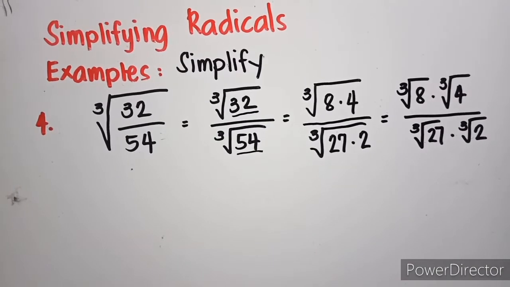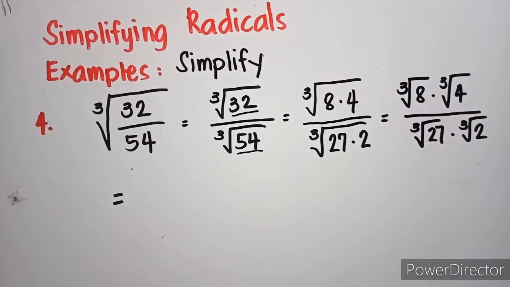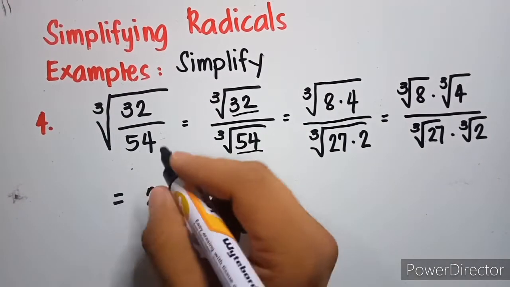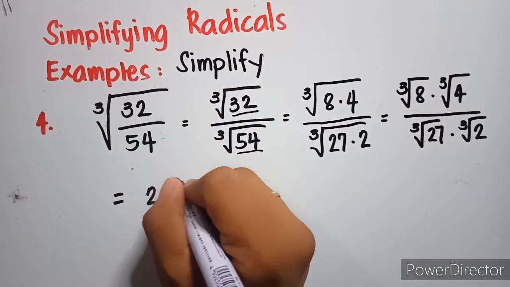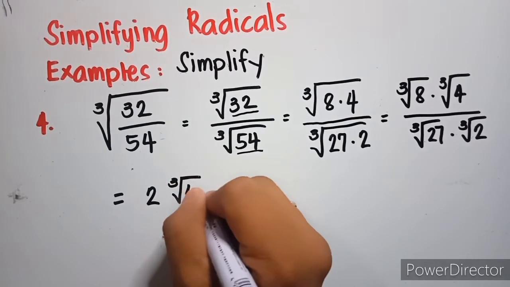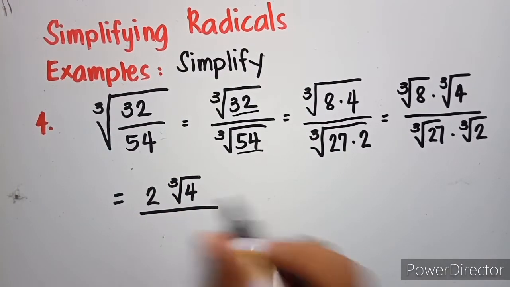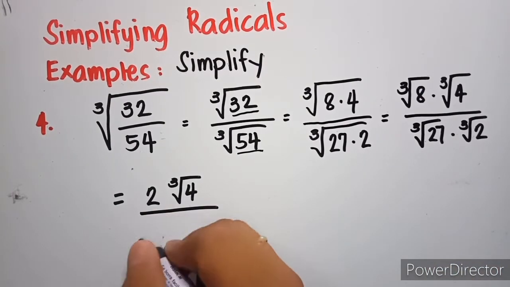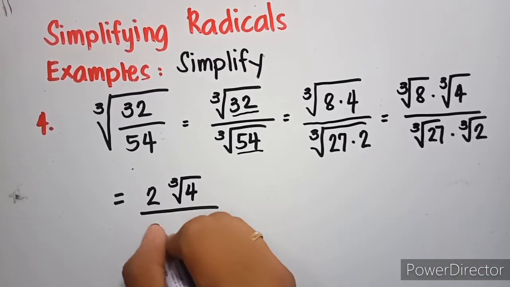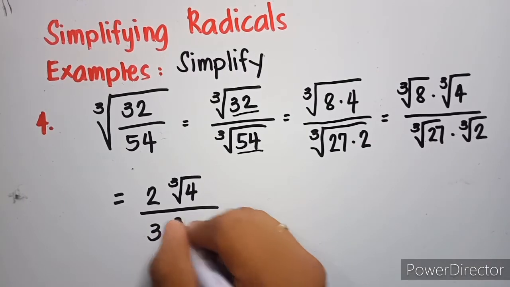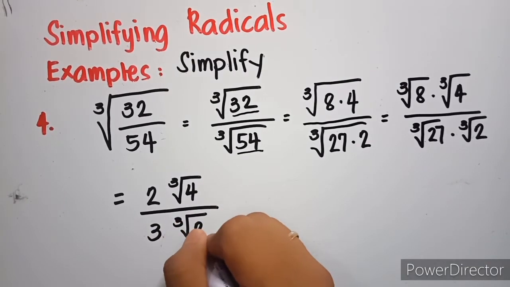Then simplifying this, so this is equal to, again, cube root of 8 is 2. So our numerator is 2 cube root of 4 over cube root of 27 is 3 cube root of 2.